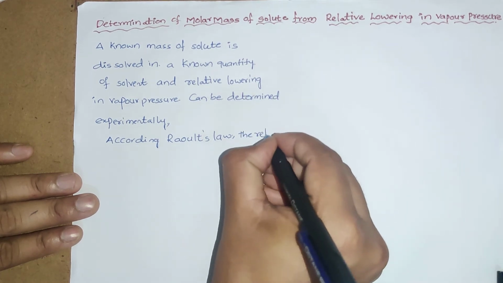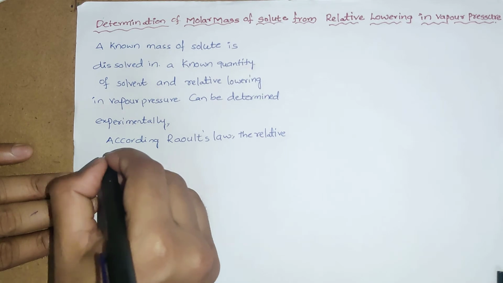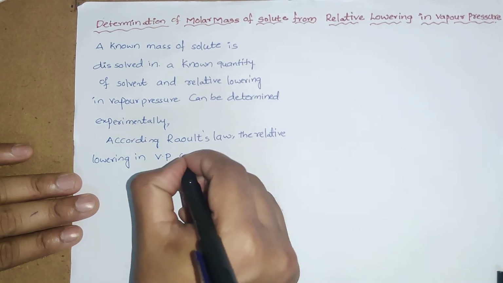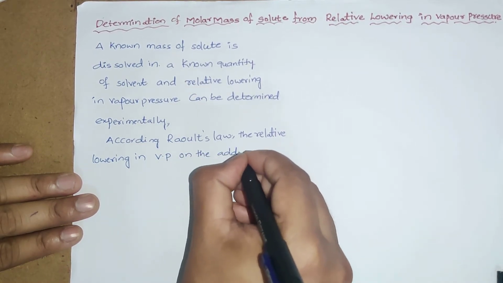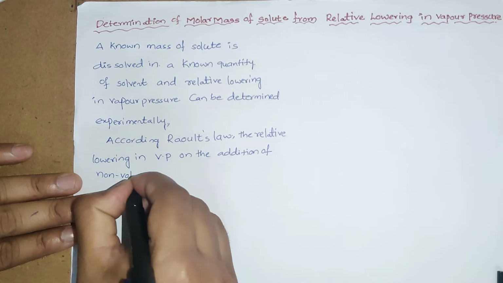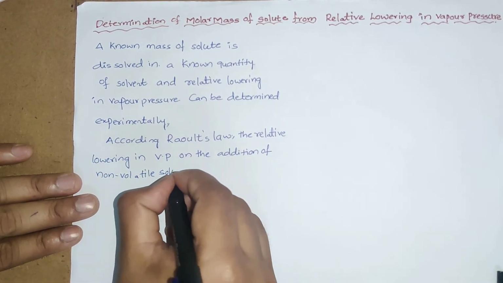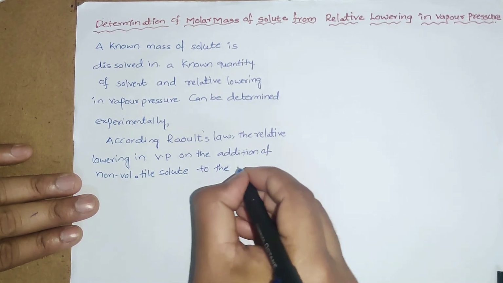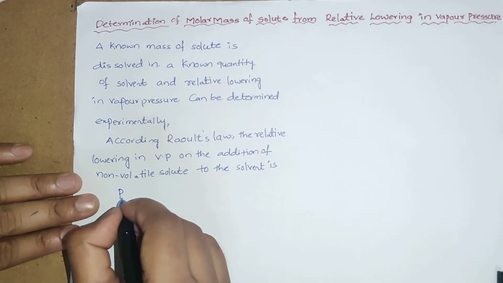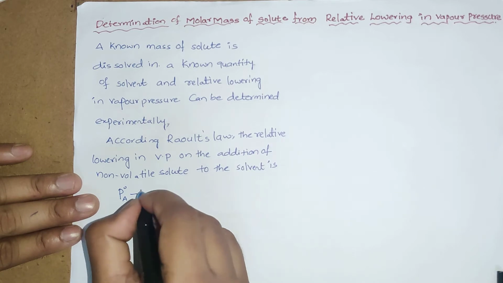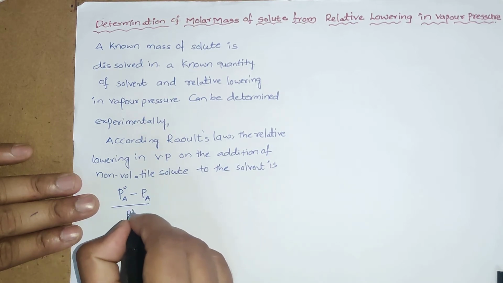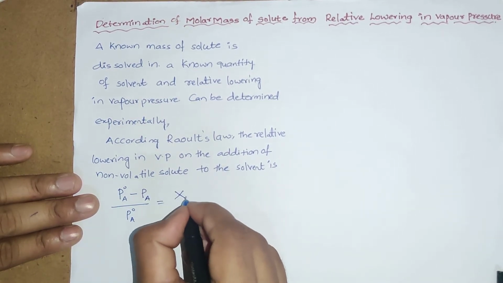the relative lowering in vapor pressure on the addition of non-volatile solute to the solvent is, simply we write this entire statement mathematically, (P naught A minus PA) by P naught A is equal to mole fraction of solute.